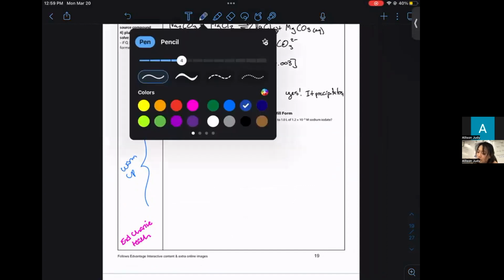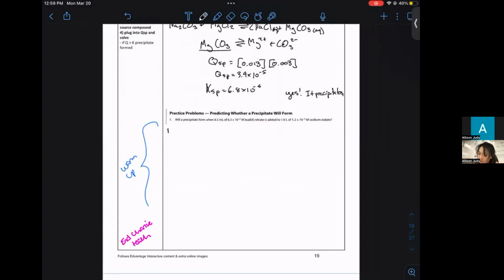So what you should have gotten is that this double displacement reaction was Pb(NO3)2 and 2 NaIO3, sodium iodate, goes to Pb(IO3)2, and this is your solid, plus 2 NaNO3.